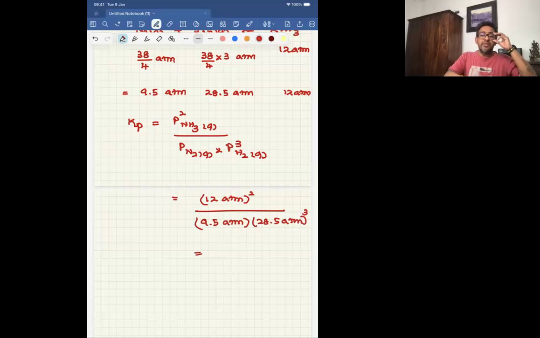So 12 squared divided by 9.5, divided by 28.5 cubed, you get 6.54 times 10 to the power minus 4.